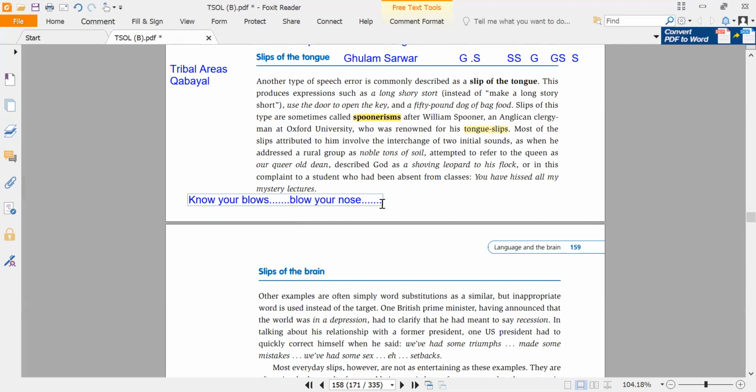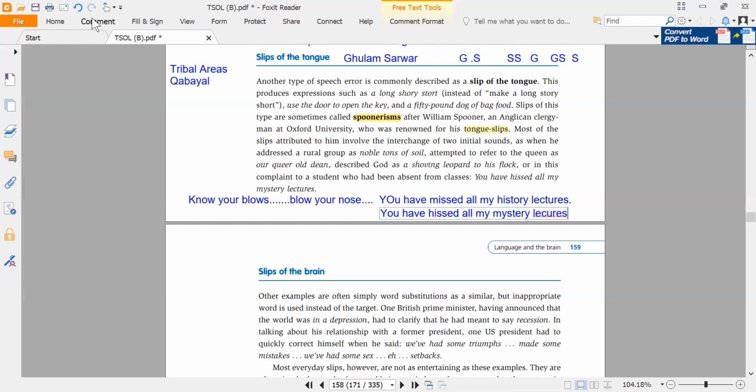Then there is a very funny example which has been taken from the lecture of one history teacher, right? He wanted to say, "you have missed all my history lectures," and instead he said, mistakenly, due to a slip of the tongue, "you have missed all my mystery lectures," right?